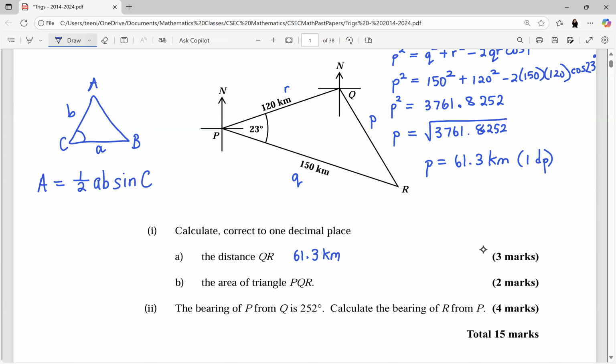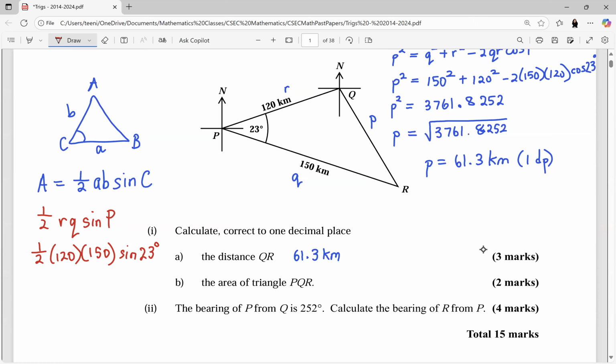So you can use this formula for this triangle because in this case, it would be half of R and Q, because those are the two given sides, multiplied by sine of angle P. So half of R, which is 120, times Q, which is 150, multiplied by sine of angle P in this case, which is 23 degrees.